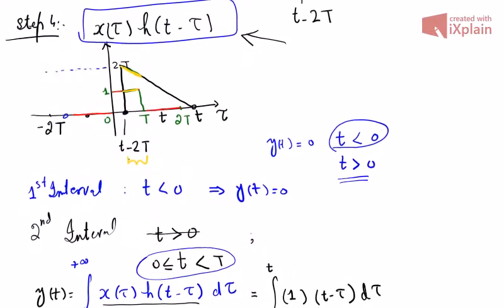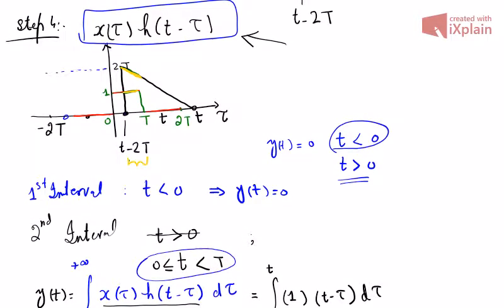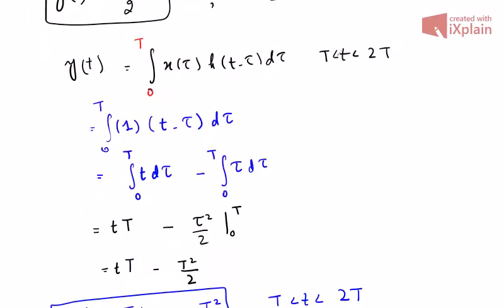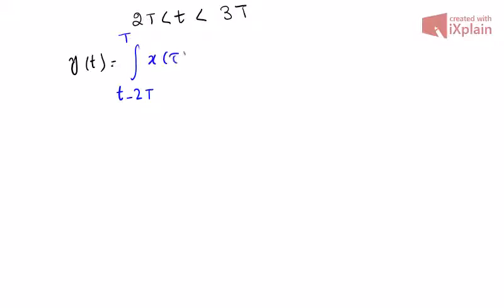So we have to integrate the product with the limits t minus 2 times capital T up to capital T. We have to evaluate the same integral for this range, in the limit t minus 2 times capital T up to capital T, x of tau h of t minus tau d tau, and this is already available.